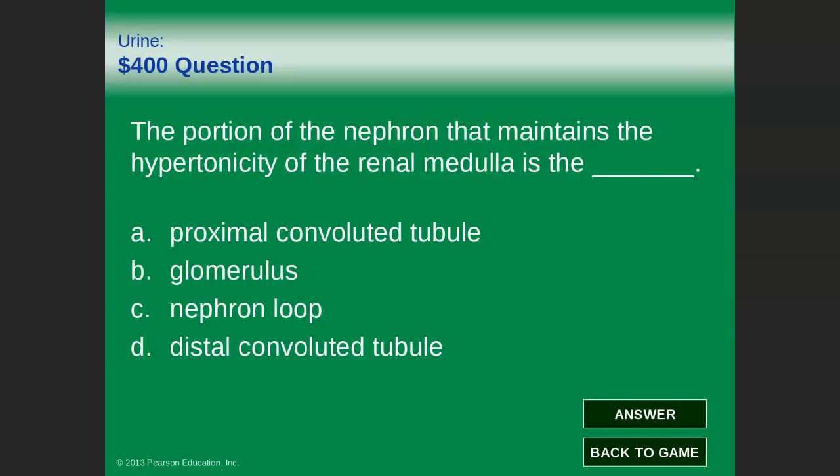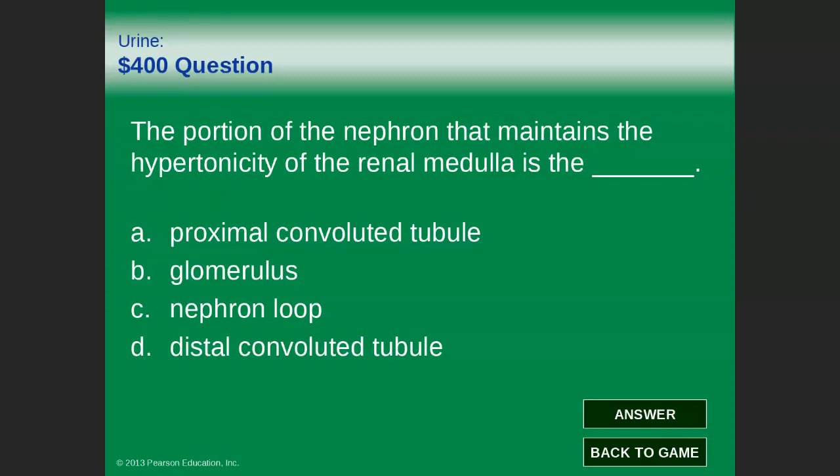The part of the nephron that maintains the hypertonicity of the renal medulla is the part of the nephron that has what we call differential properties, like the nephron loop does.